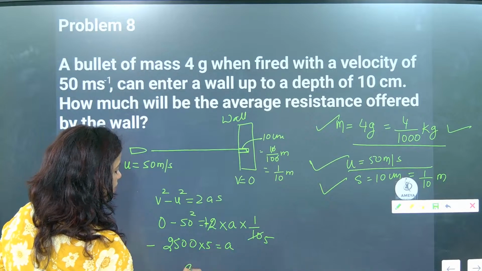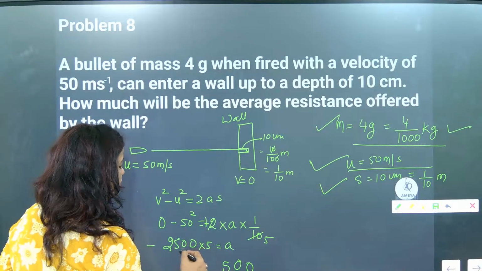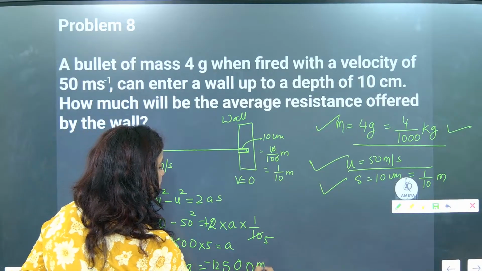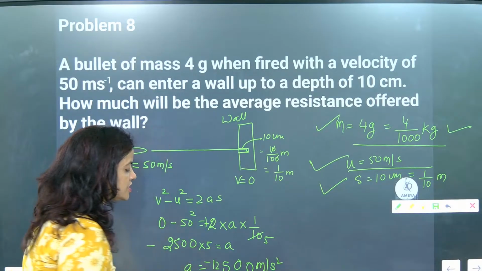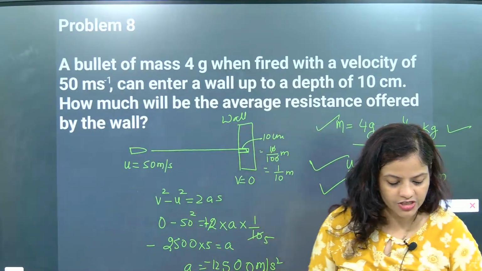That is acceleration. So 25 into 5 is 125, which gives 12500 meter per second square. This is exactly the retardation part that is coming.